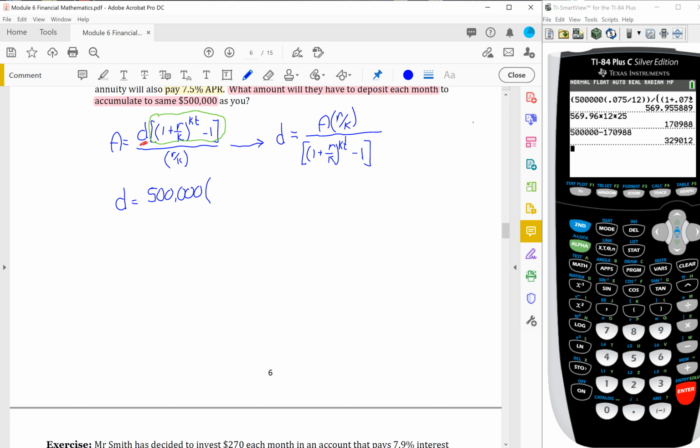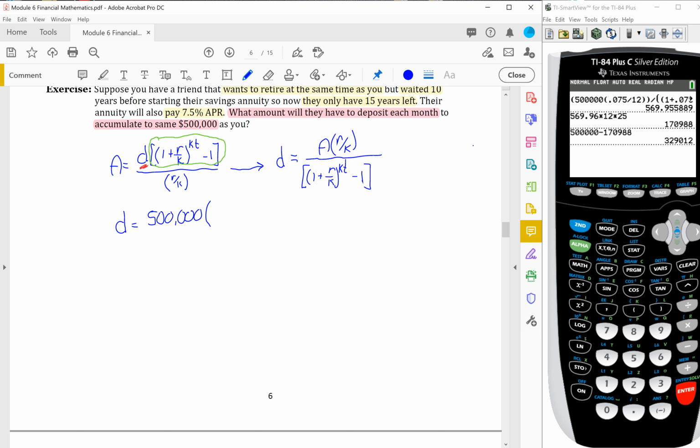Times your interest rate divided by the number of times you compound interest. So remember, our interest rate was 0.075 divided by 12 because we compound monthly, divided by 1 plus the 0.075 divided by 12 raised to the kt, which is going to be 12 times t.